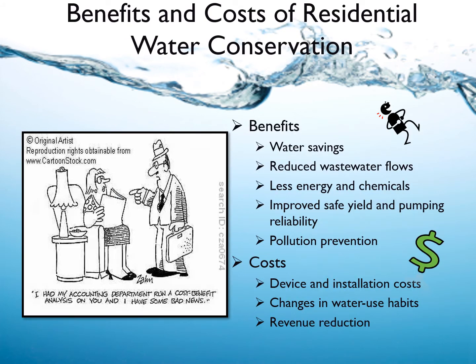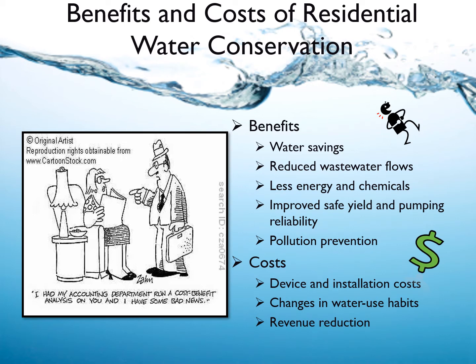So what are some of the benefits and costs of residential water conservation? Well, the benefits obviously are water savings, right? And that's real money. But there's also reduced wastewater flows. Now that can be good and can be bad because a wastewater plant is usually built saying there's going to be so many solids per gallon, and that's the way you build your equipment.